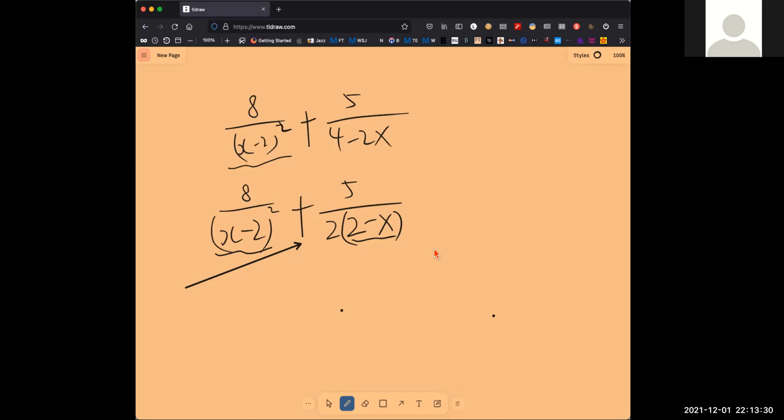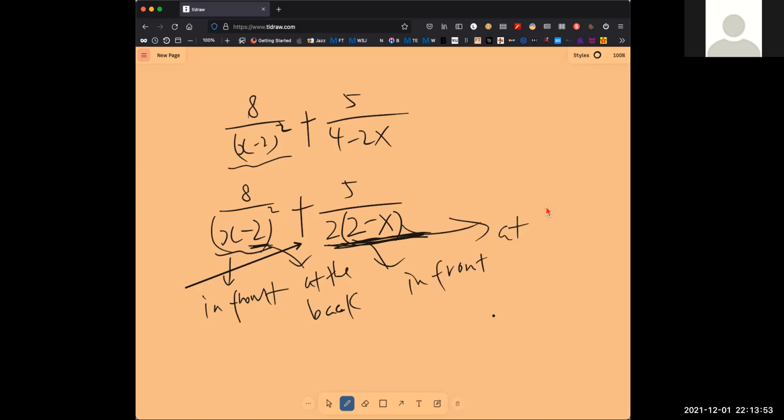But can you see that the x for the first fraction is actually in front, and the minus 2 is actually at the back, versus the second fraction here, the 2 is actually in front, and then the minus x is at the back. So can you see that the order is different?